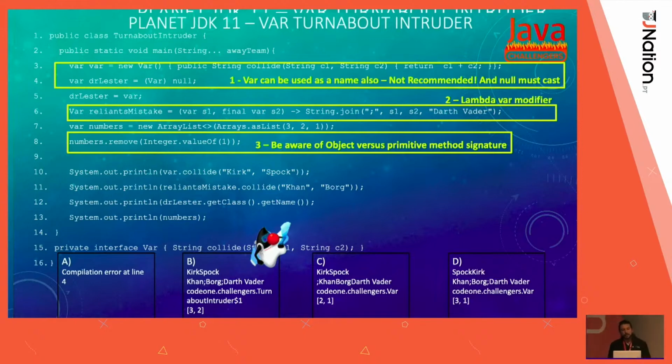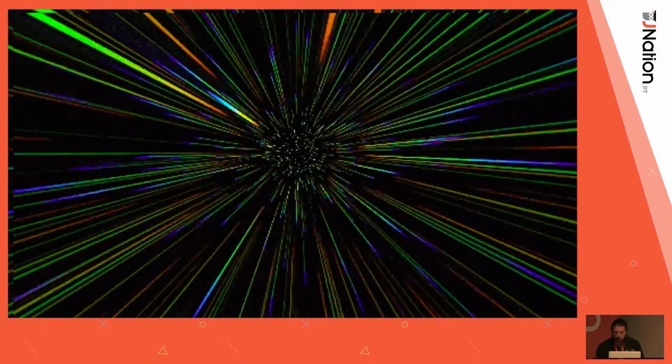And what's going to happen here is that instead of passing the primitive int, we are passing the wrapper Integer, which means that we are removing the object instead of the index. So that's why we have 3 and 2 at the end. Okay, so let's go to the next one.